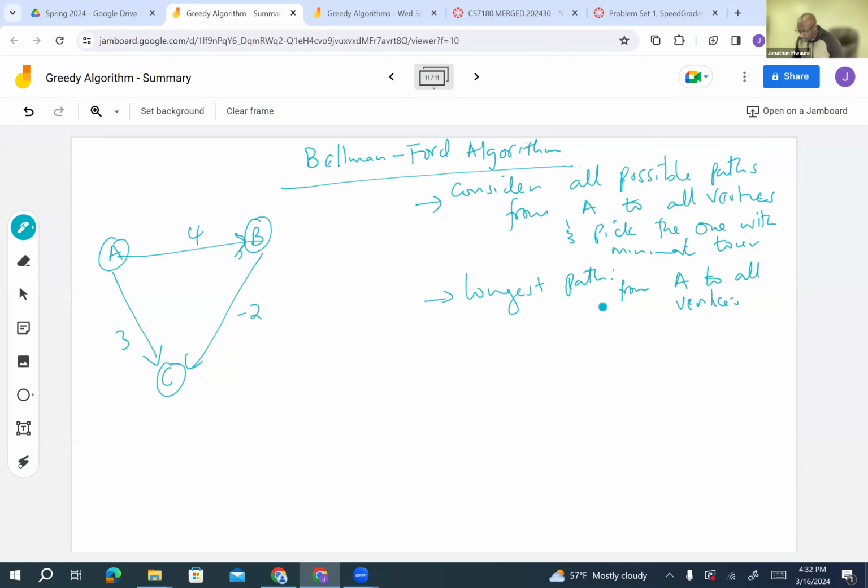So the longest path from A to a particular vertex must hop through all the vertices possible. So the longest path must have V minus 1 edges, right?